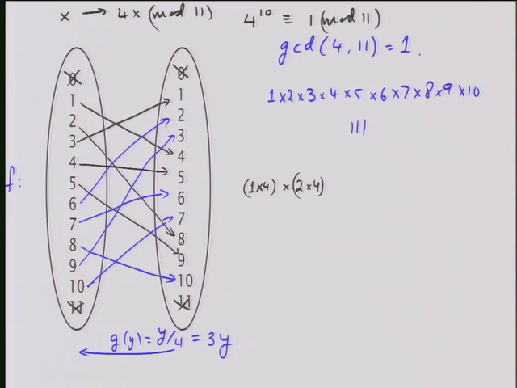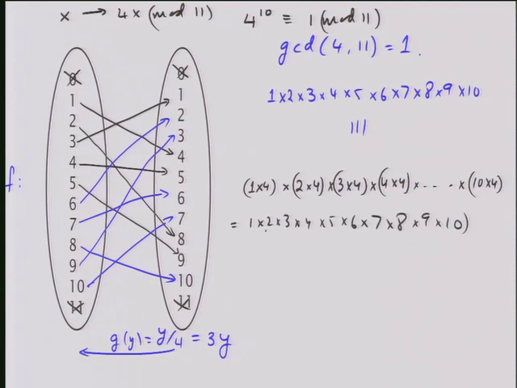It's 4, 8 times 3 times 4 times 4 times 4 times 10 times 4, right? So what do we get here? This is 1 times 2 times 3 times 4, 5, 6, 7, 8, 9, 10 times 4 to the 10.